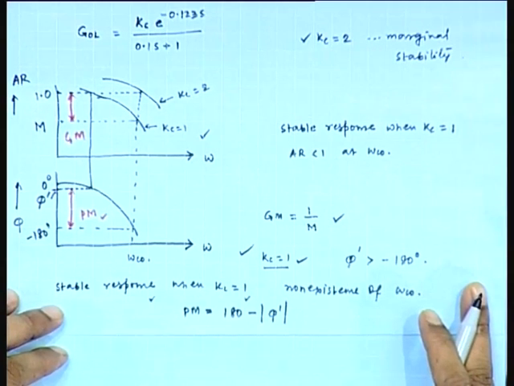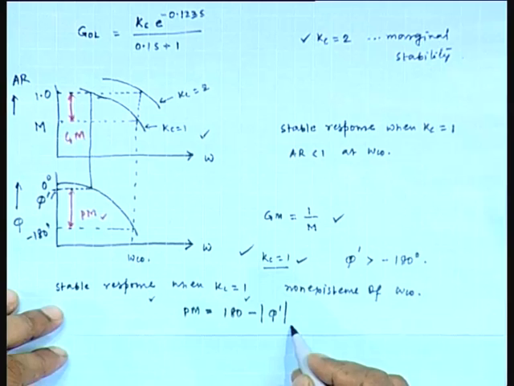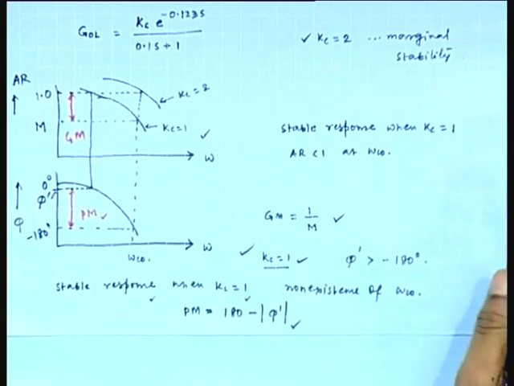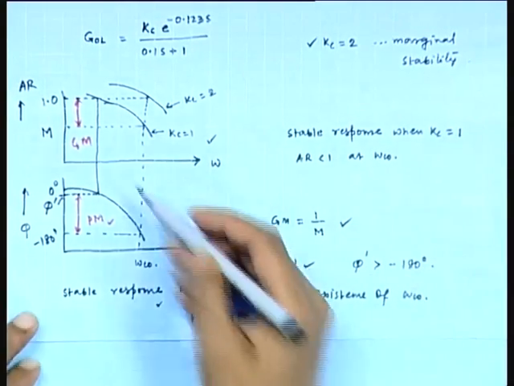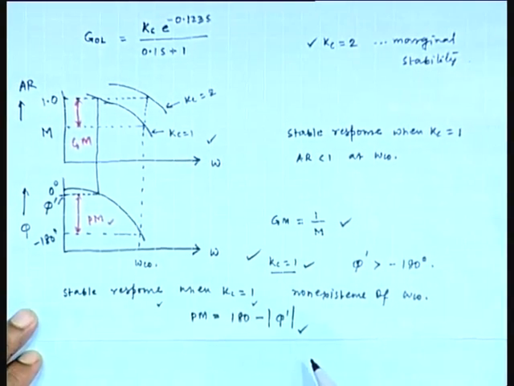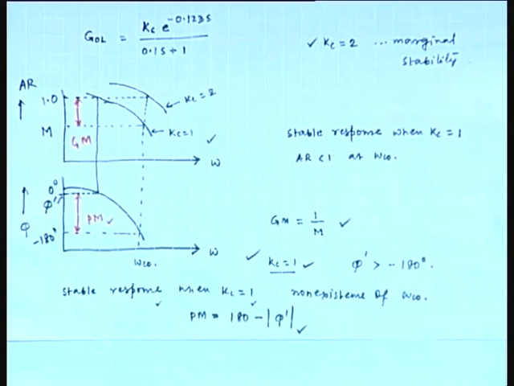The phase margin we can calculate by this correlation, fine. So, these are two safety factors, and based on the values of gain margin and phase margin we can tune the control parameters.